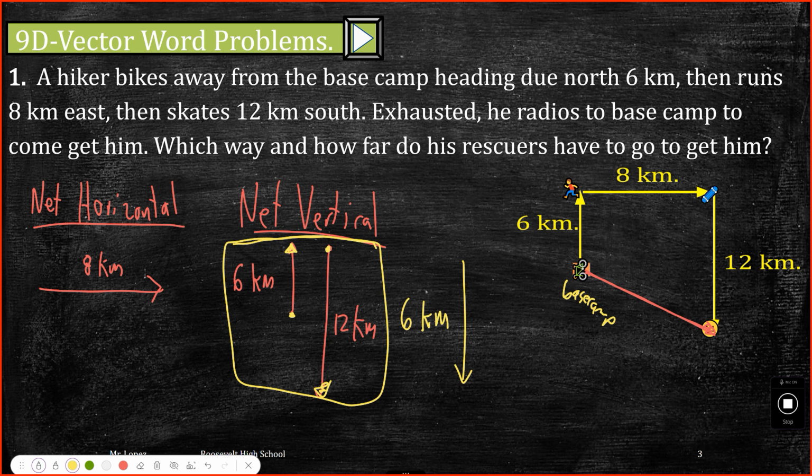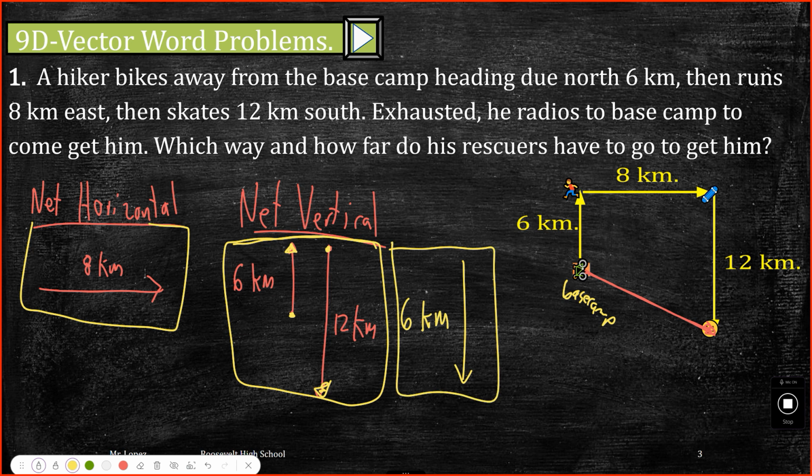So now once we get the nets, this is a net and this is the net. I'm just kind of separating what's going on, but in reality, we can just look at the drawing and figure out what's going on here. It did go 8 kilometers. If we're looking at this right here, let's bring it over.